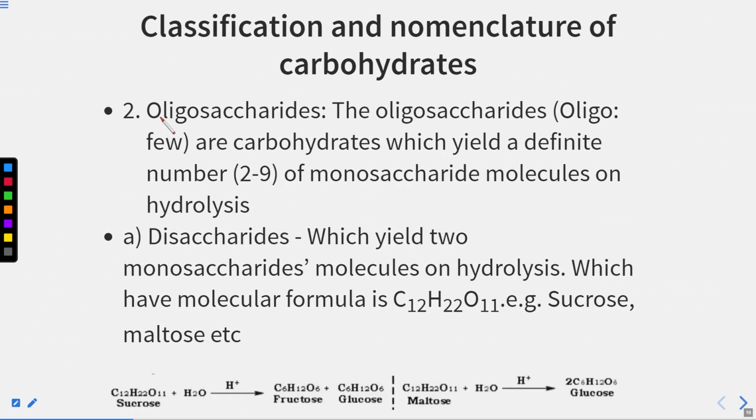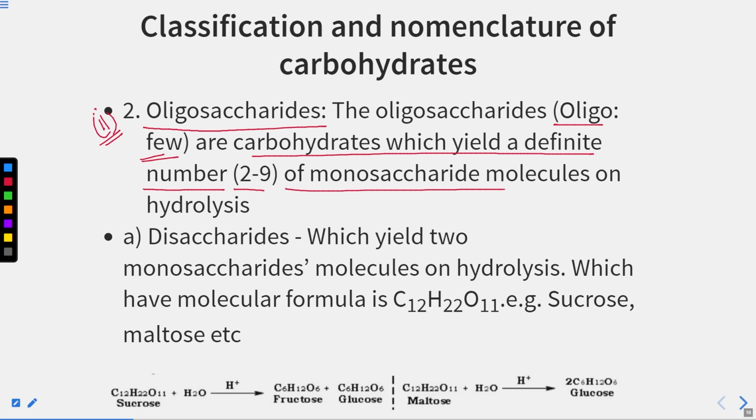Now, the second type is the oligosaccharides. Oligo means few in number. They are the carbohydrates which yield a definite number, that is 2 to 9, of monosaccharide molecules on hydrolysis.